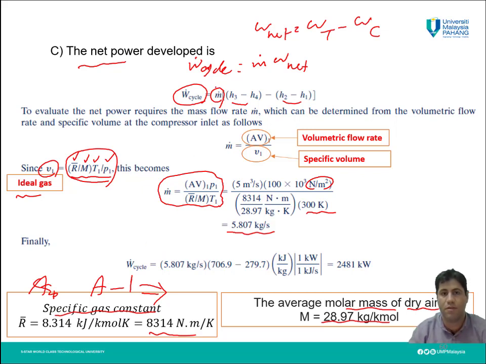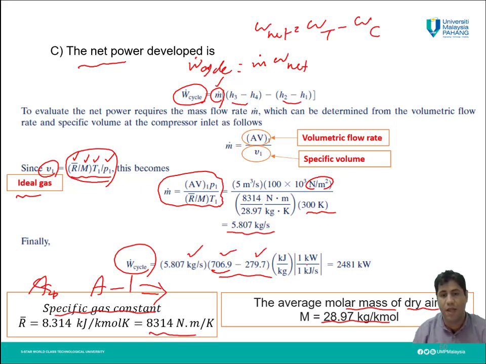We can substitute it in this equation. We have the enthalpies, and we can calculate the net power developed in this cycle. m dot is 5.8, and this is H3 minus H4, the work output of the turbine, minus the work input of the compressor.